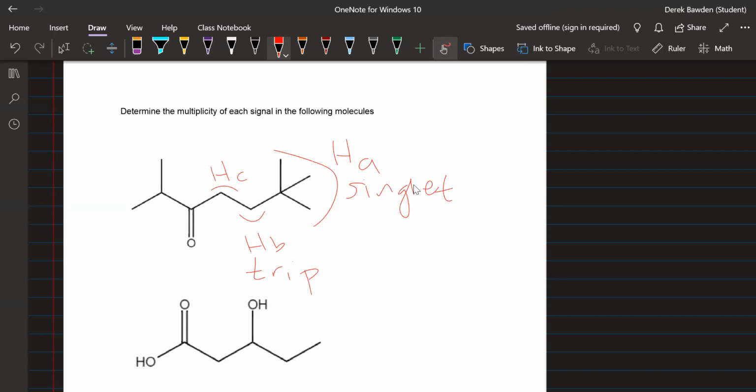Just 2, right? So it's also going to be a triplet. Then we've got this hydrogen here, which is HD, and HEs. So HD, however horrible that looks, how many neighbors does HD have?